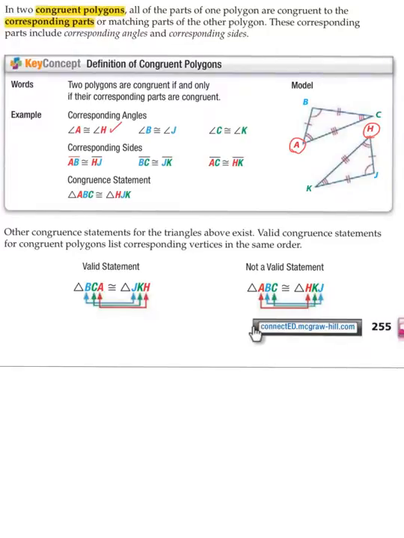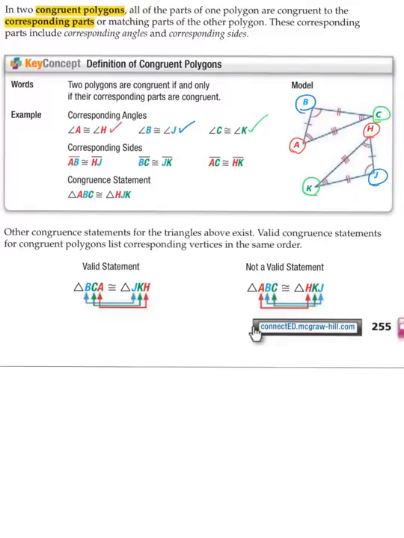Our B is marked to look like the J. They have one slash through them, so I know those two must be congruent to each other. And then finally, we have the C congruent to the K because of their markings.